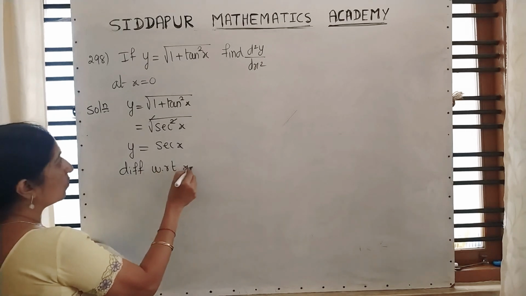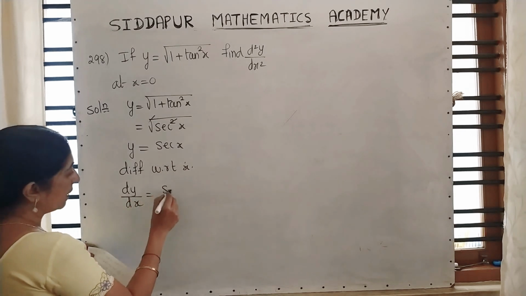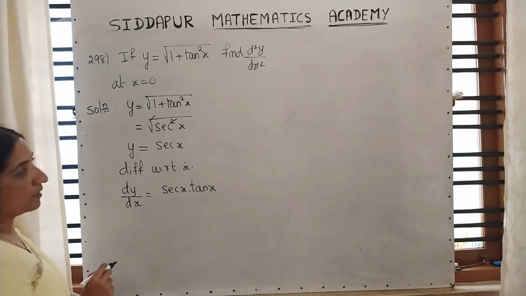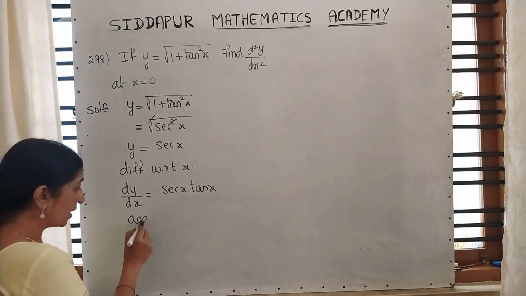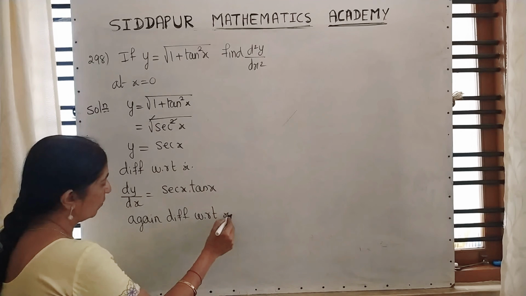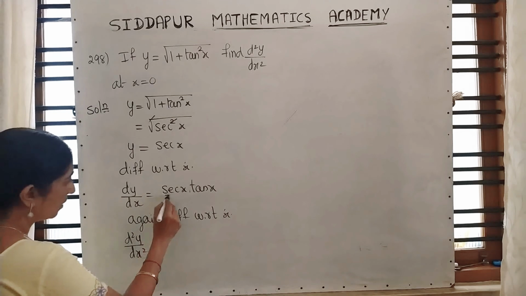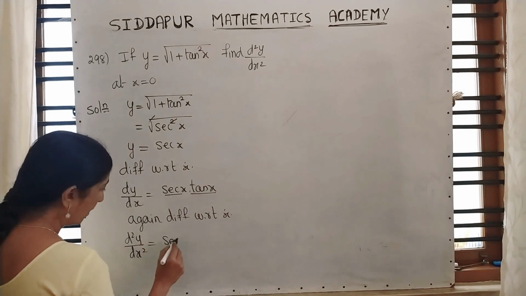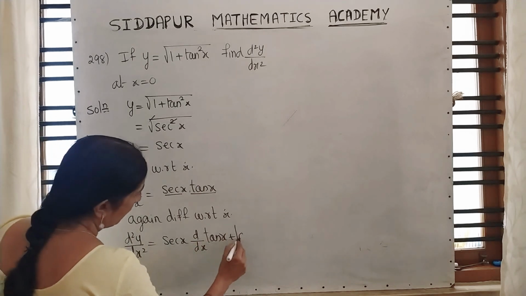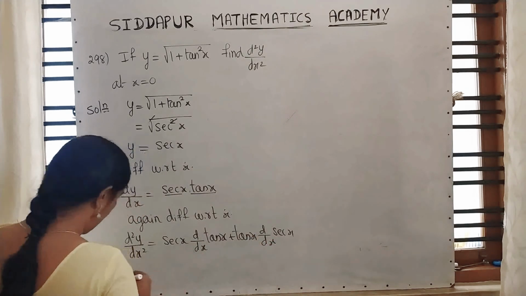Differentiating with respect to x. dy upon dx, differentiation of secant x is secant x into tan x. Correct. Now again differentiating with respect to x. d square y upon dx square, this is u, this is v. Sec x as it is, differentiation of tan x, plus tan x as it is, differentiation of secant x.